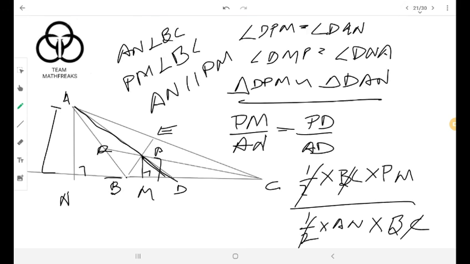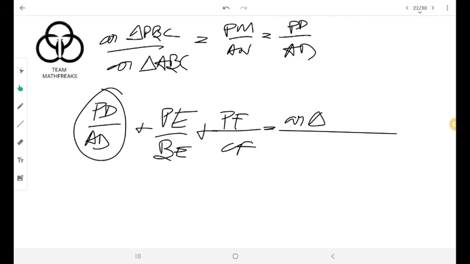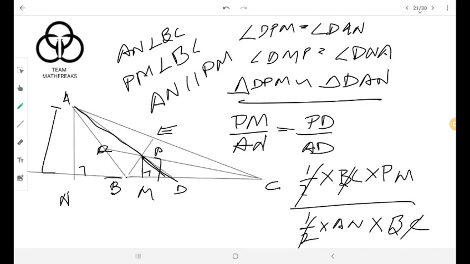Similarly, PE by BE will give us triangle APC. And this will give us this triangle.